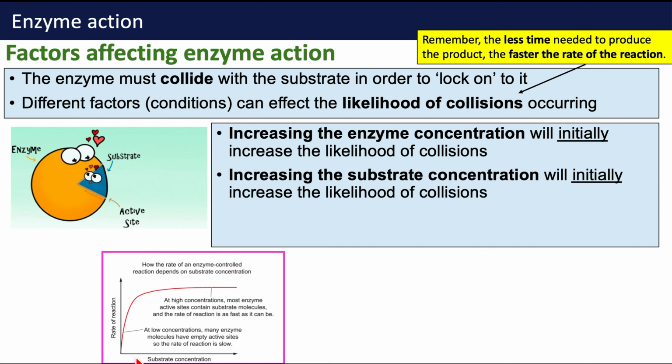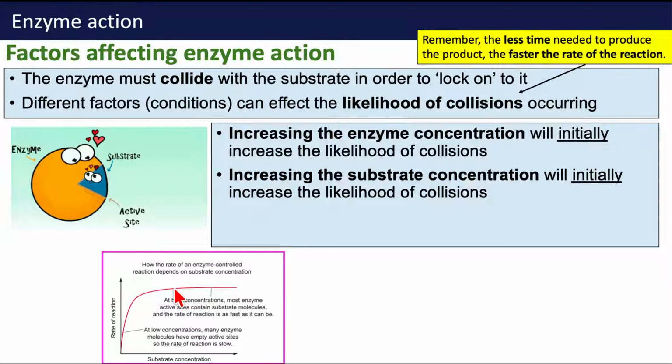You can see substrate concentration increasing on the x-axis, and initially the rate of reaction increases. Remember, initially means to start with. It then starts to curve, slowing down until the line becomes horizontal, okay? It's plateauing. And the reason that's going to occur is your enzymes and their active sites are going to become saturated, okay?